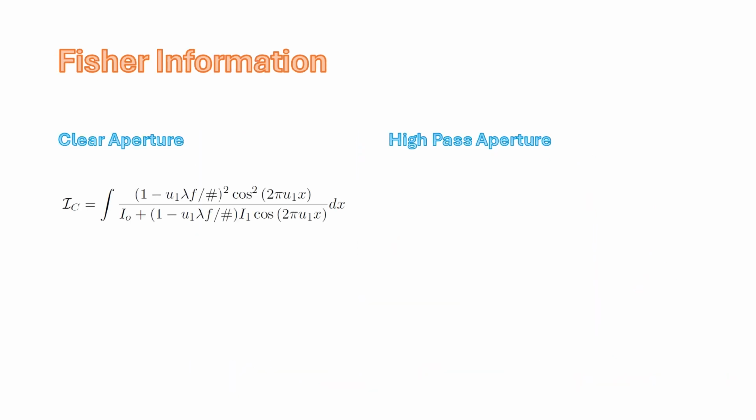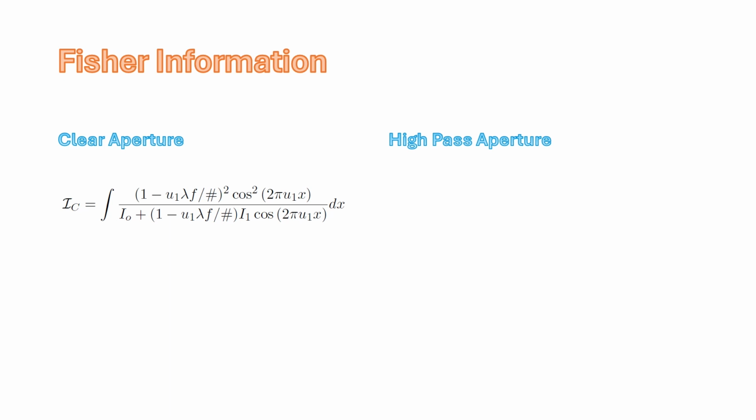Okay, we can look at the Fisher information. If we want to estimate I1, here we're assuming that the only unknown parameter we want to estimate is this I1. We find the Fisher information under Poisson noise by taking the derivative of the measured signal with respect to the unknown, squaring it, and then dividing it by the measurement.